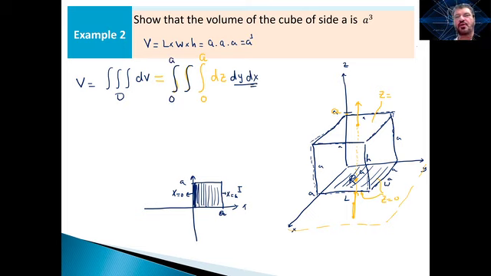Now, this line of the scanner, to scan this square, starts from where? Starts from here. What is this? This is y equal to 0. So we start from 0 for the y, up to this line. So the length is from here to here. This one is y equal to 0. And here, as long as you are on this line, this is y equal to a, isn't it? So this is up to a.